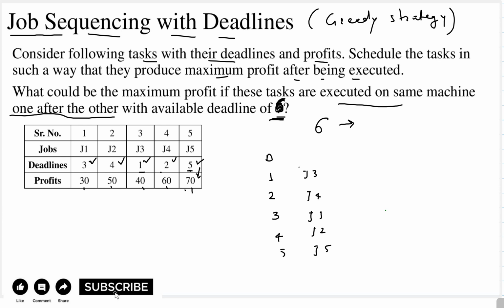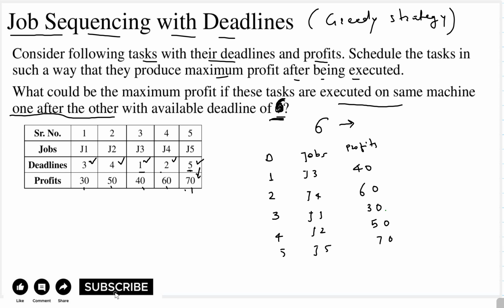Now we have arranged all the jobs in ascending order of their deadlines, and let's check the profits. J3 gives a profit of 40, J4 has a profit of 60, J1 has a profit of 30, J2 has a profit of 50, and J5 has a profit of 70.